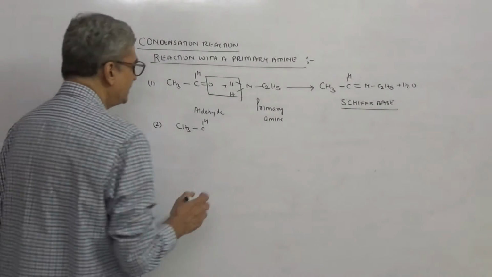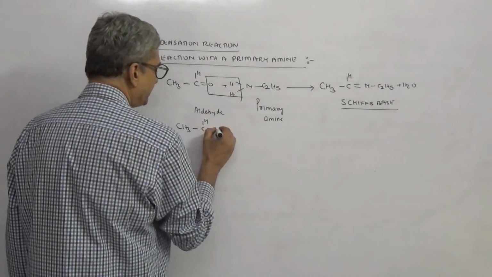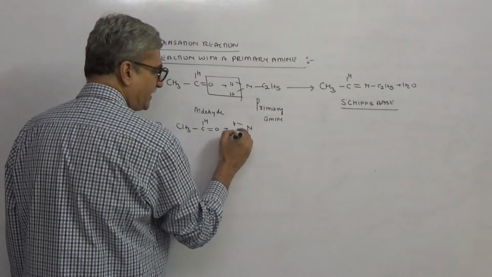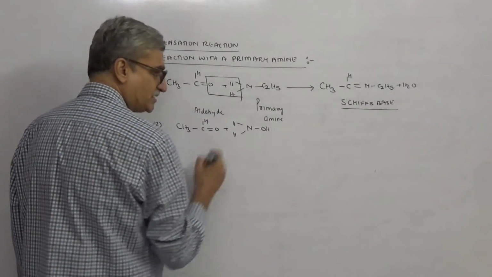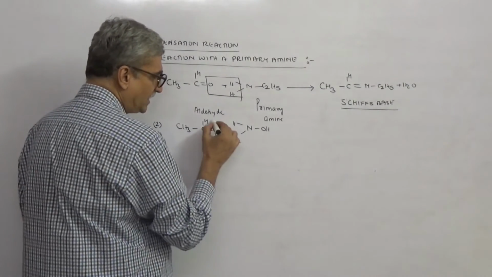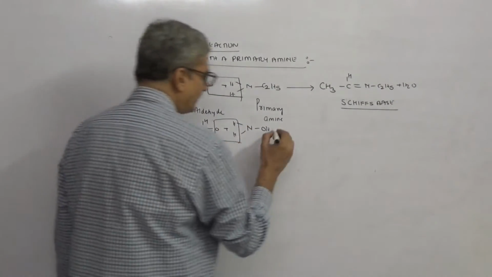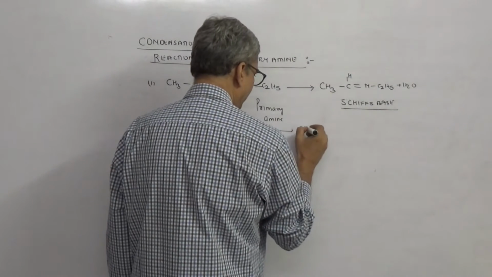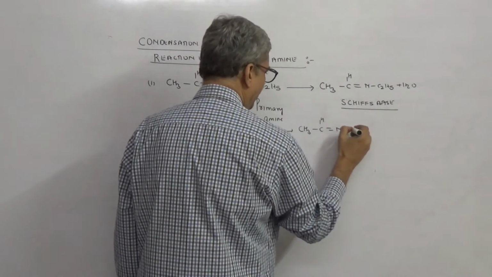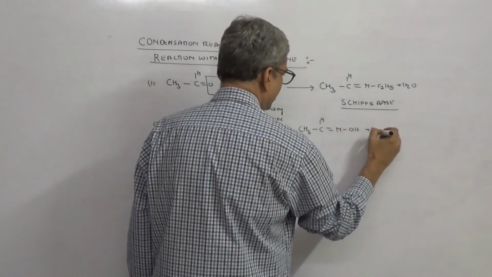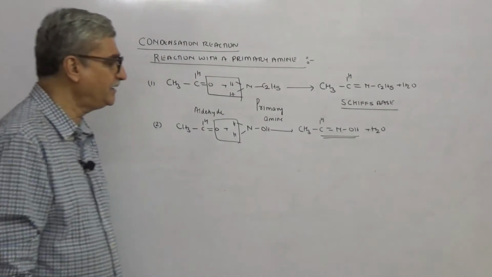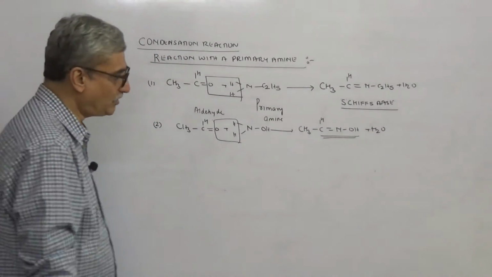You have to practice. So you have CH3CHO plus hydroxylamine. What is hydroxylamine? NH2OH. I told you in all condensation reactions, it is the oxygen of the carbonyl group which is going to go. So what will you have? You will have CH3CH=NOH plus H2O. A compound with the functional group C=NOH is called an oxime.